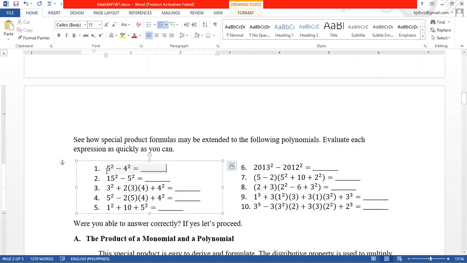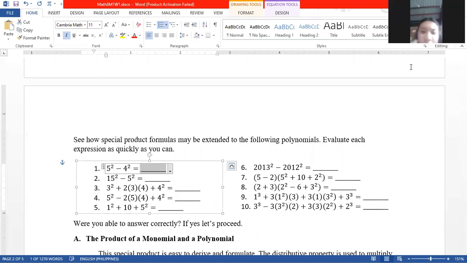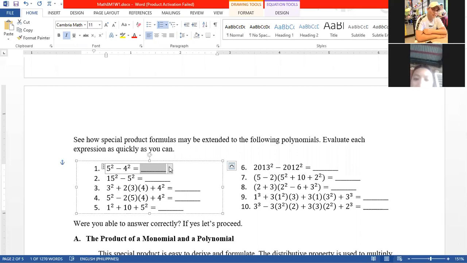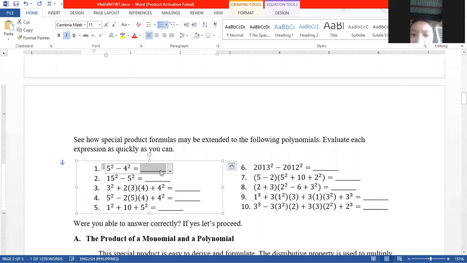So first, 5 squared minus 4 squared is equal to how much? You can answer. Okay, I will give you an example. So it says here square 5. So 5 twice.